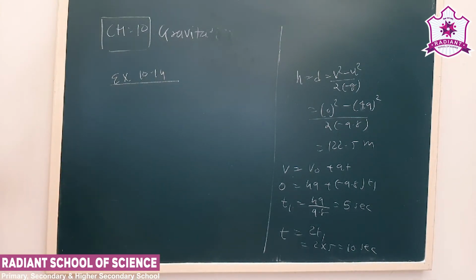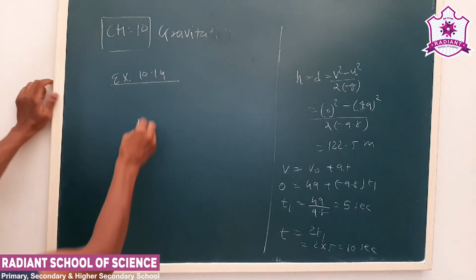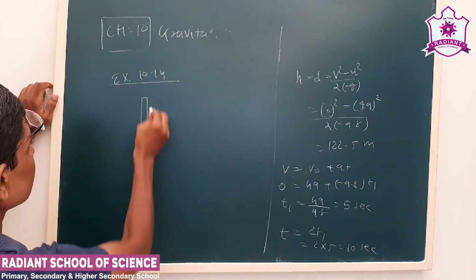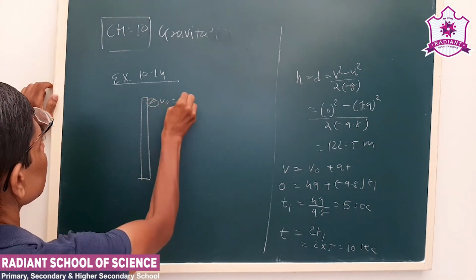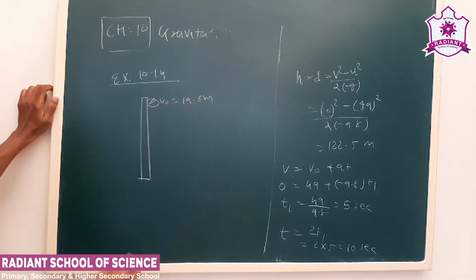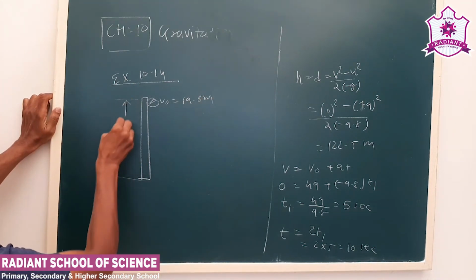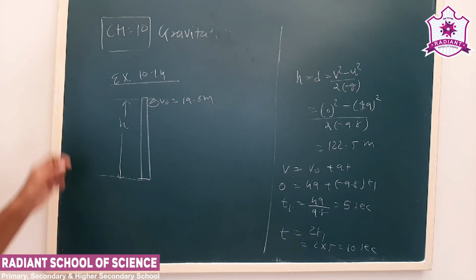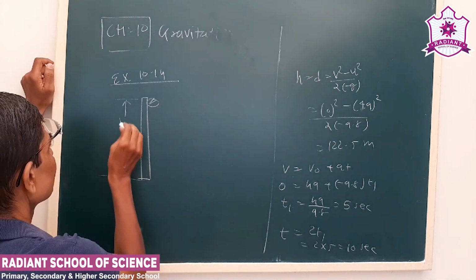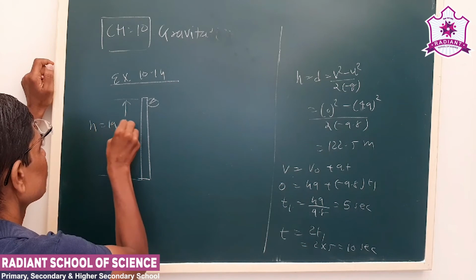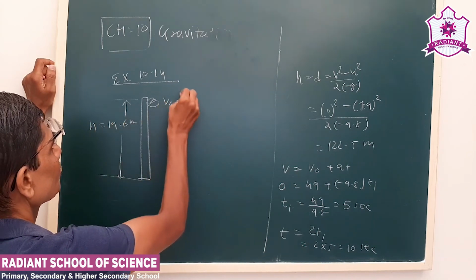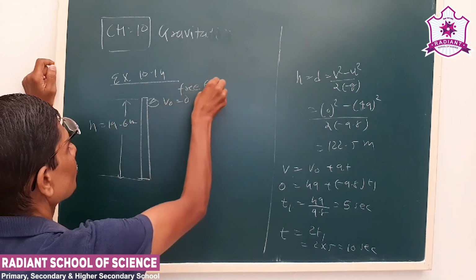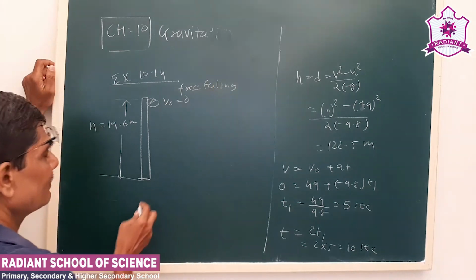A stone is released from the top of a tower of height 19.6 meter. Height is h. Now it is a free falling. Time we have to calculate.